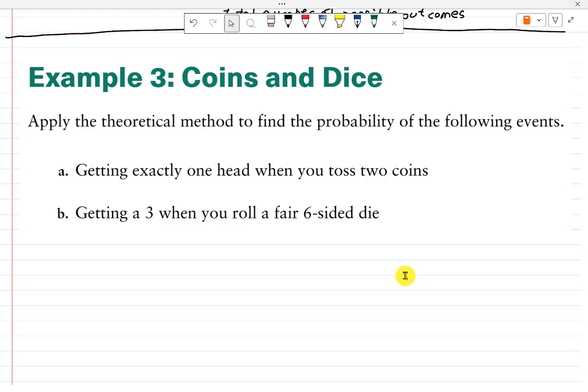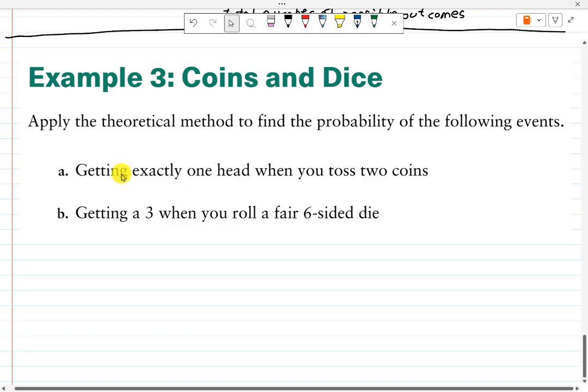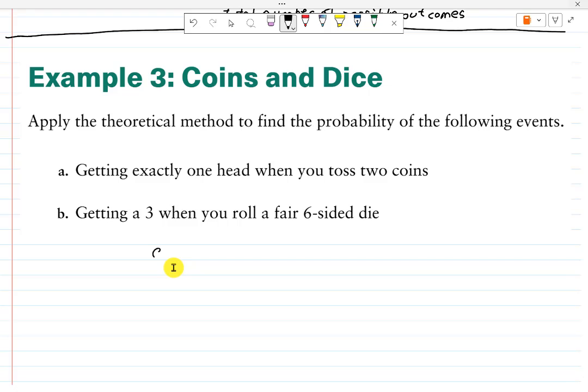So let's start by looking at these examples here. We want to find the probability of the following events. So we want to look at exactly 1 head when you toss 2 coins. So let's take a look at A. And let's take a look at the outcome, or even an event if it's a compound outcome.